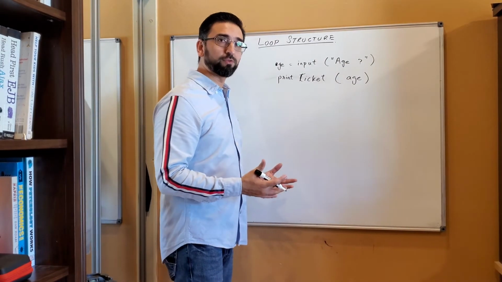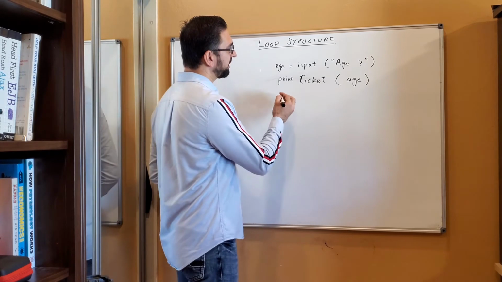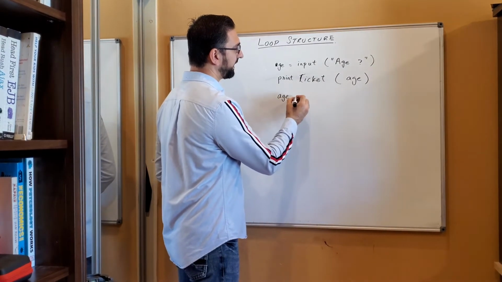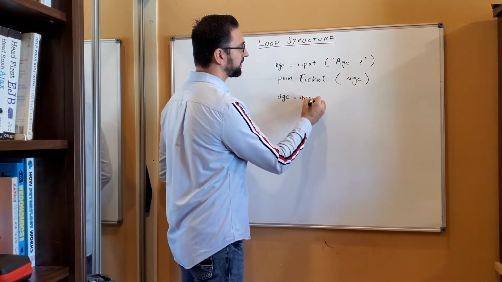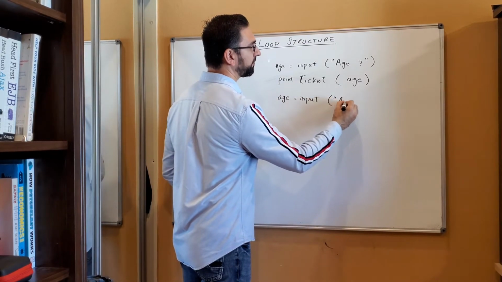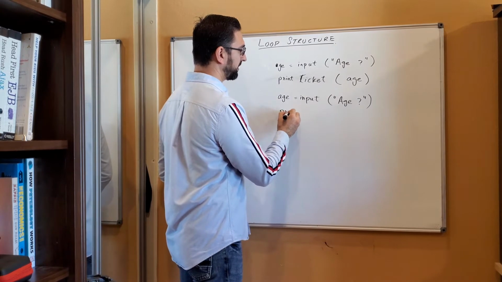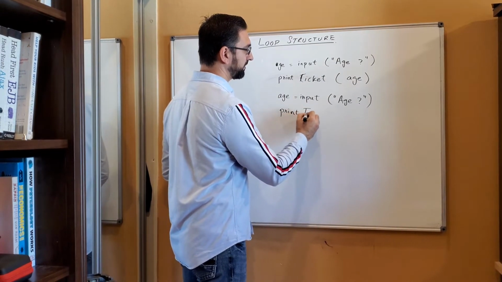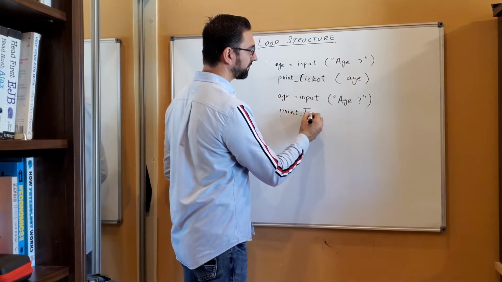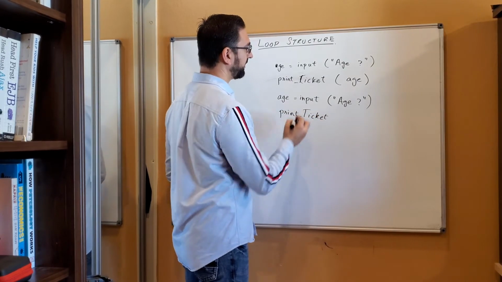So if we don't have loops, our only option is that we will go to the next line and input the age of another user, the second user, and then we print the ticket.